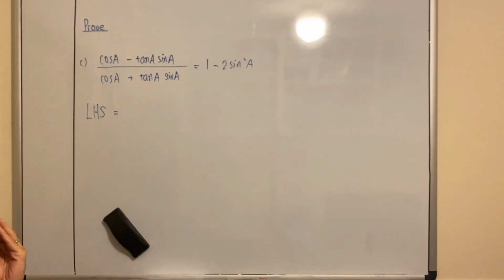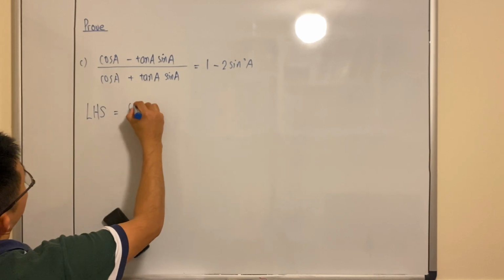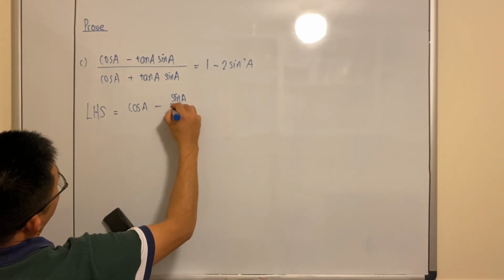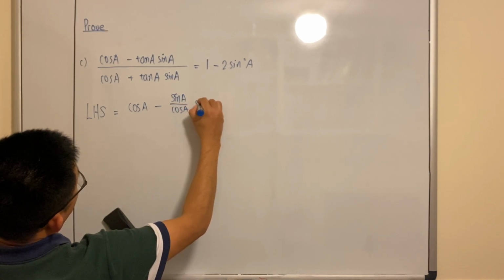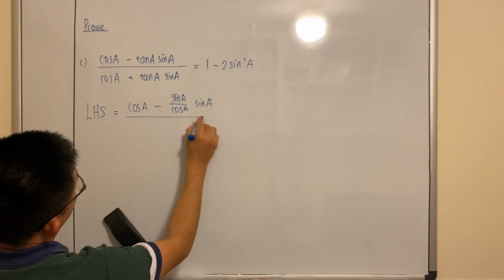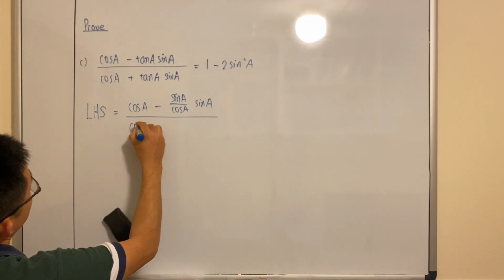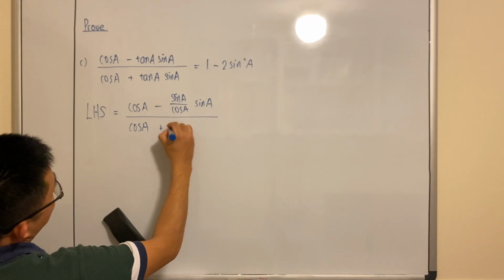Maybe you've got another way to do it, but at this stage, I would try to change the tangent into sine over cos and see what happens. Maybe it will help us to do the question, maybe not, but let's start with that, because it looks like that's the only thing we can do.